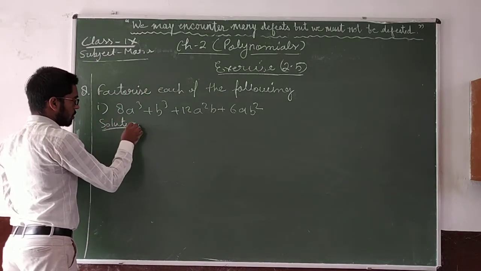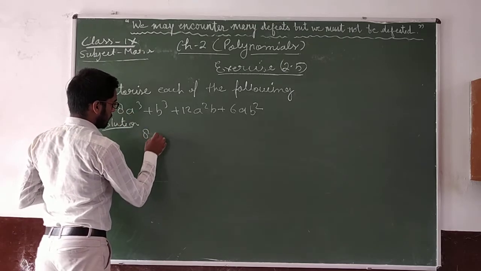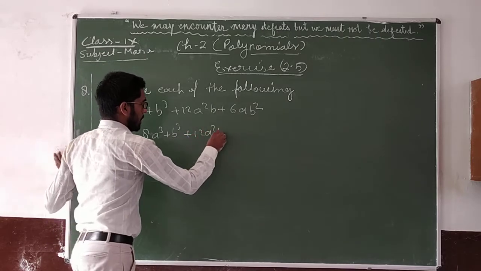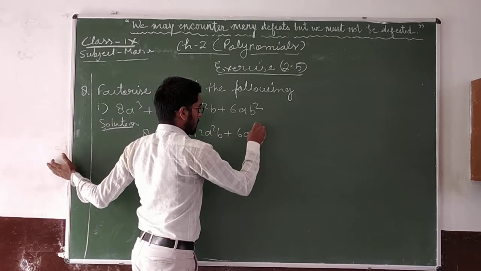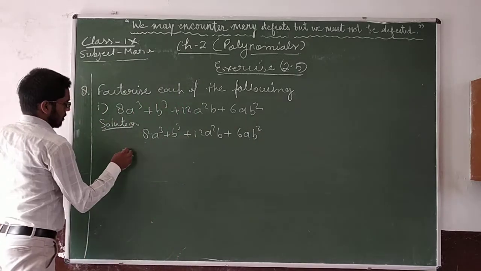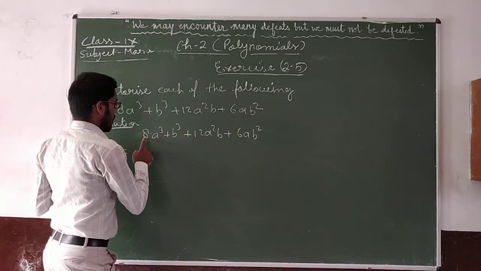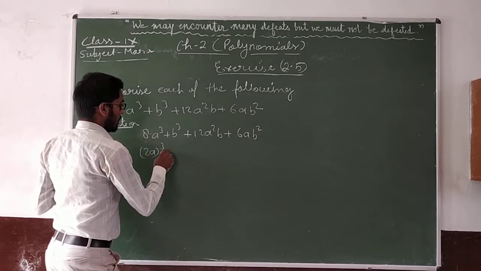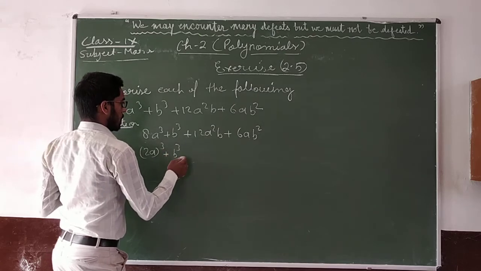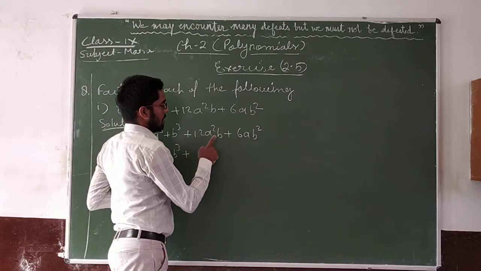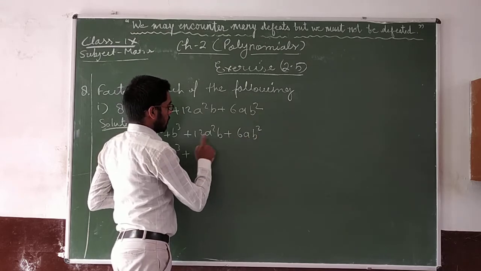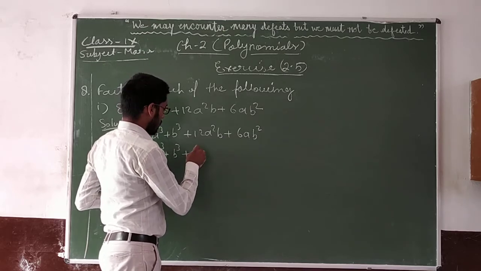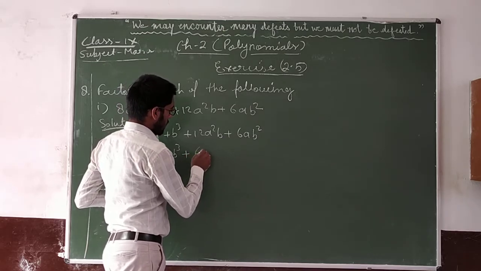Write the solution. Note down this question again: 8a cube plus b cube plus 12a square b plus 6ab square. You can write 8 as 2a to the whole cube, plus b cube, plus here you can take 6ab as common.